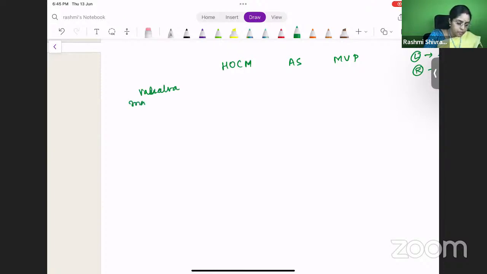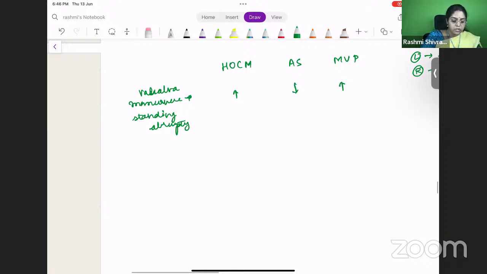Following the Valsalva maneuver, the patient is standing abruptly. If the patient is standing abruptly, what happens? The preload will be reduced, falling all of a sudden. Once the preload reduces, the HOCM murmur will increase, and also the MVP murmur.